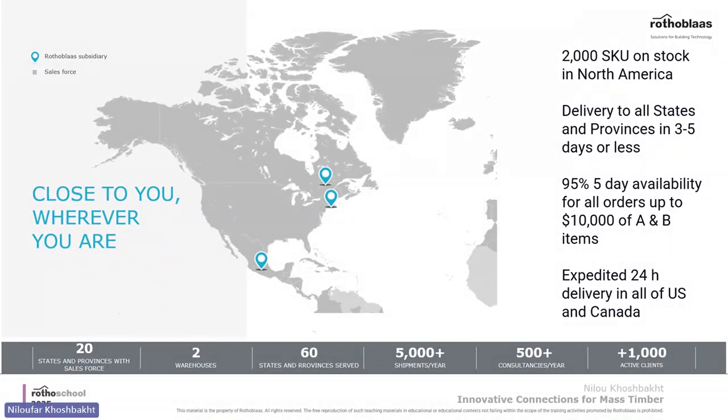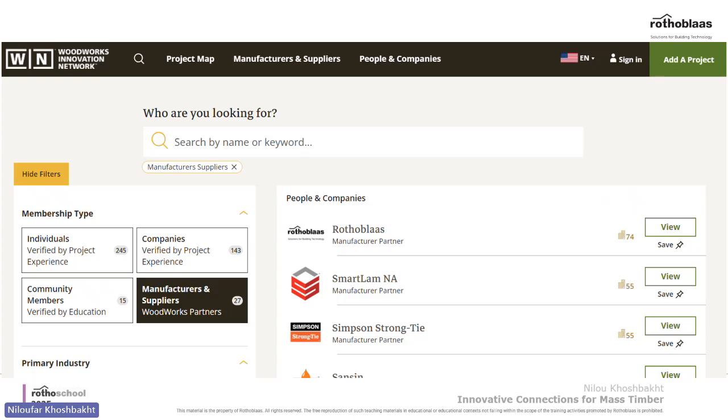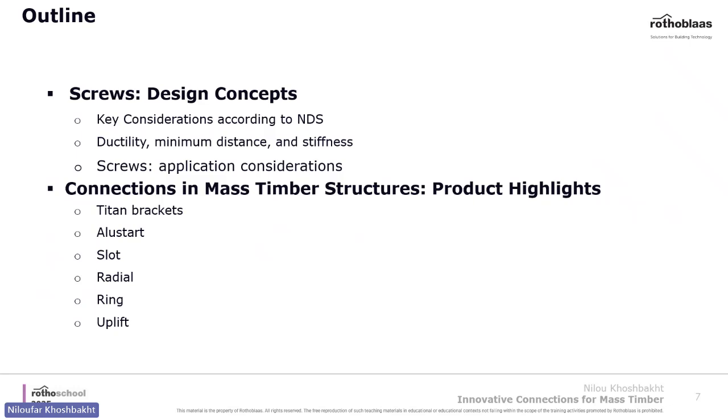In North America, we have more than 1,000 active clients, and we're serving 60 states and provinces in Canada and the US with 2 warehouses. And also, if you want to know more about major projects we touched in North America, you can search our name in Wood Innovative Network website.